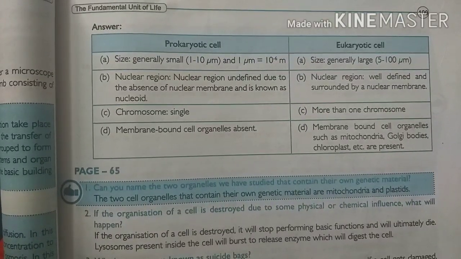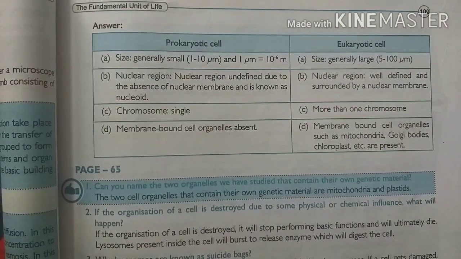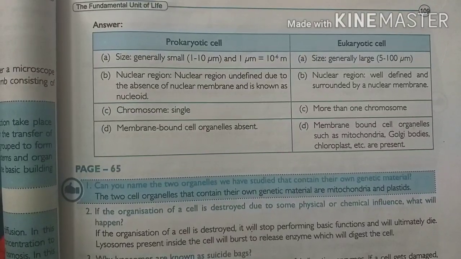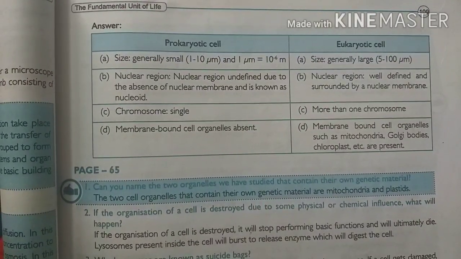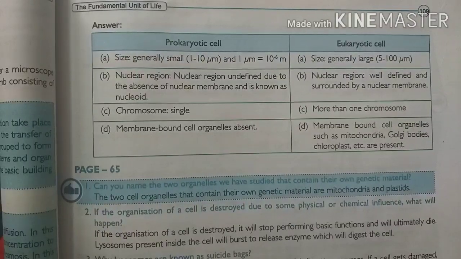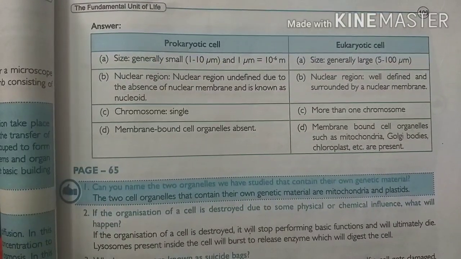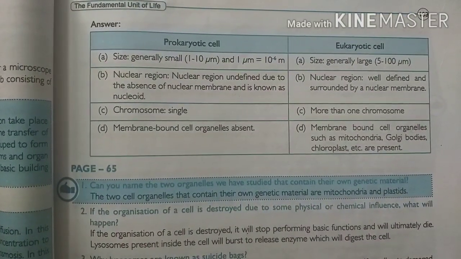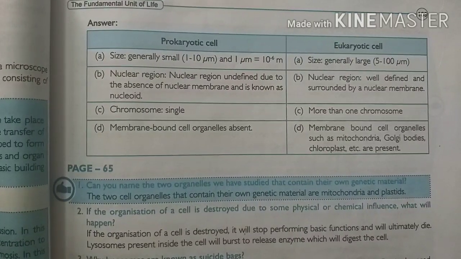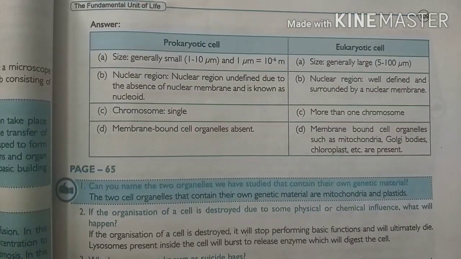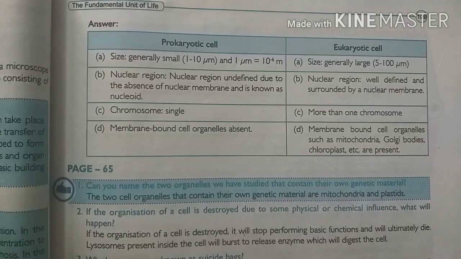Eukaryotic. And do you know the value of micro? 1 micrometer is equal to 10 to the power minus 6 meter. You should know the value of micro also, because this question comes in MCQs.